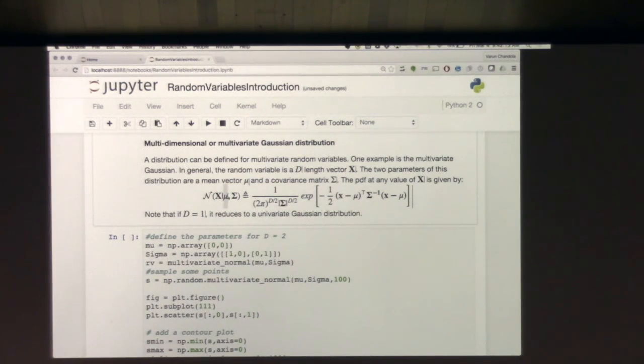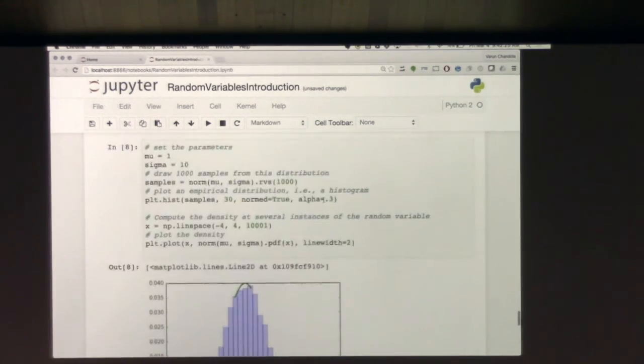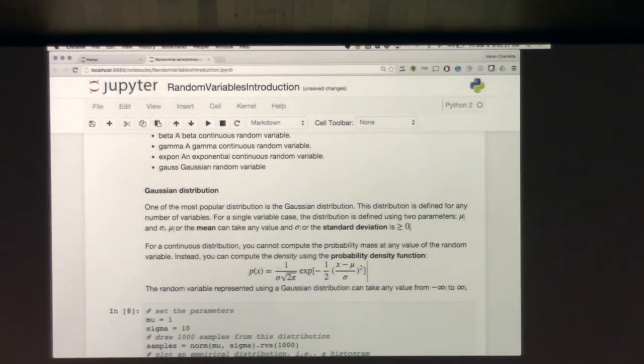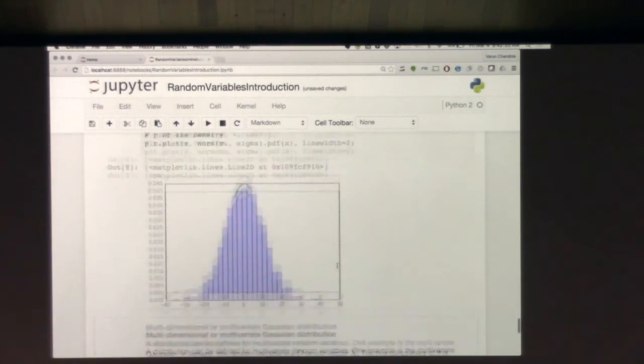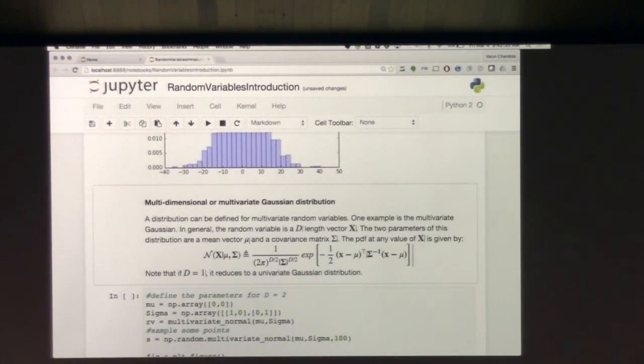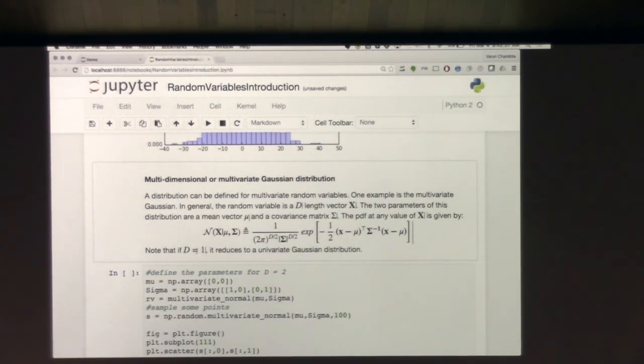One is mu, which is now a vector, and uppercase sigma, which is a covariance matrix. The expression for the PDF looks like this. It looks very much like the PDF for a one-dimensional one, except that now x is no longer a scalar, so you express it like this. If you set your d to 1, then it will look exactly like the previous one.